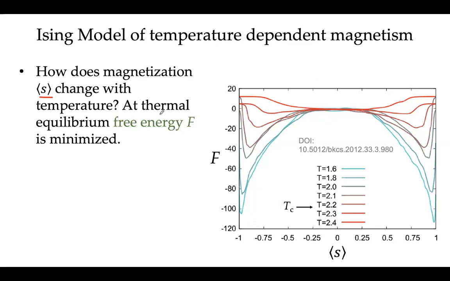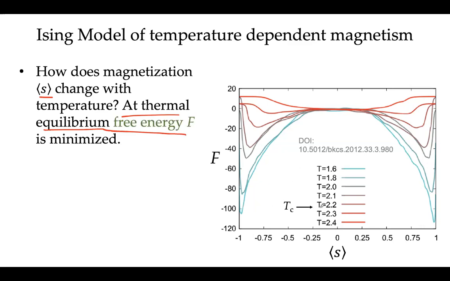If you're at thermal equilibrium, then it's the free energy. Basically, at thermal equilibrium the free energy is minimized. What's shown in this plot is free energy versus magnetization. These different curves represent different temperatures. This one, for example, is the highest temperature, 2.4, and the cyan color is the lowest temperature.